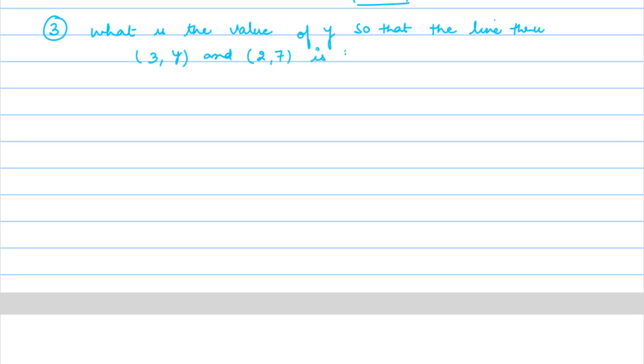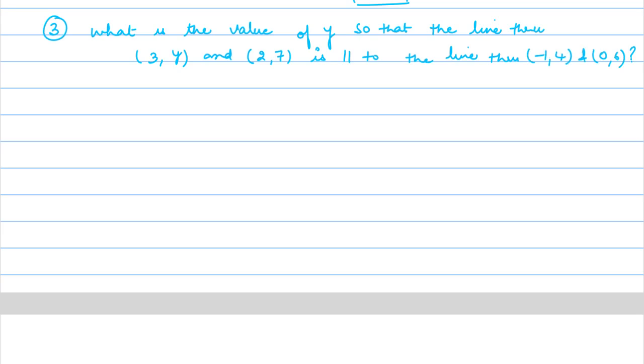What is the value of y so that the line through (3, y) and (2, 7) is parallel to the line through (-1, 4) and (0, 6).